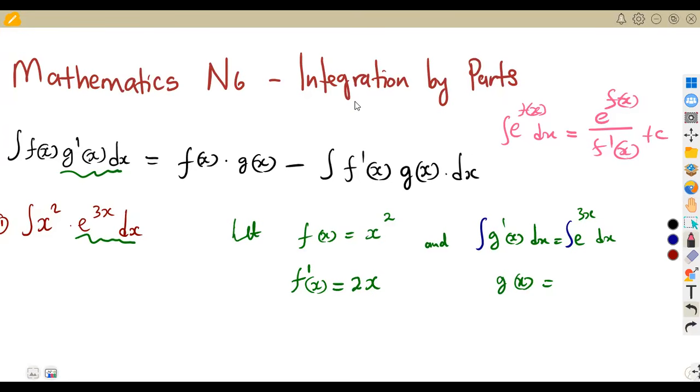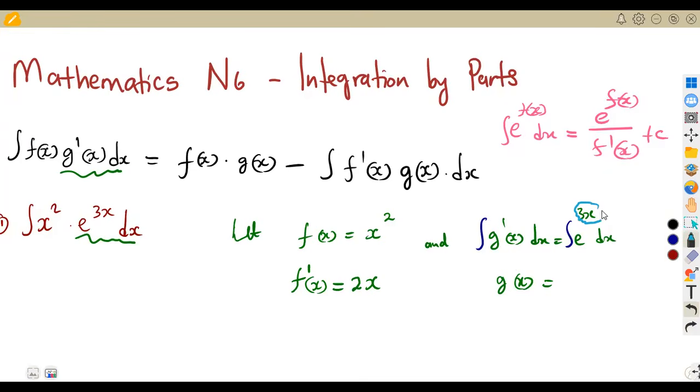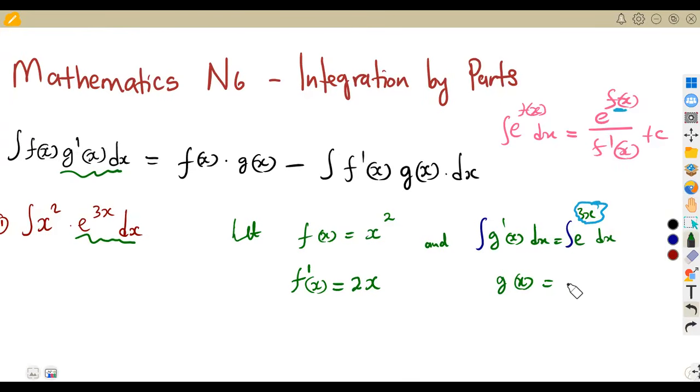So meaning to say that on this e to the exponent of 3x, this is our f of x. And what we need from there is its derivative, because it's going to remain as it is, e to the exponent of 3x over the first derivative of 3x. What is the first derivative of that?